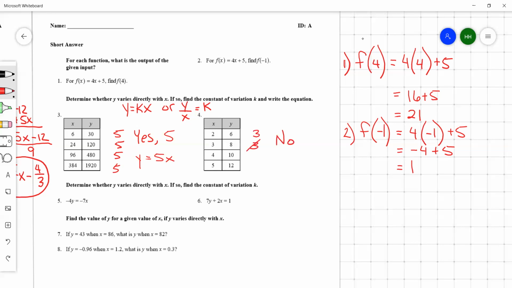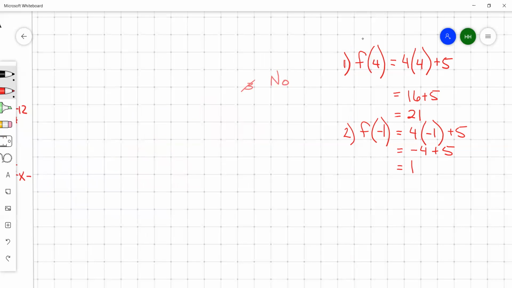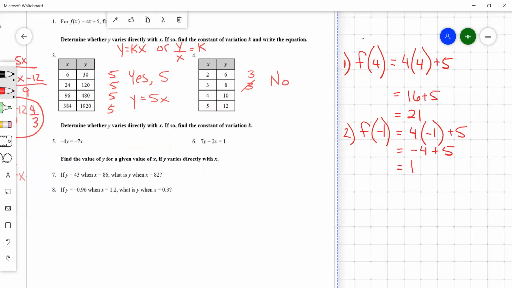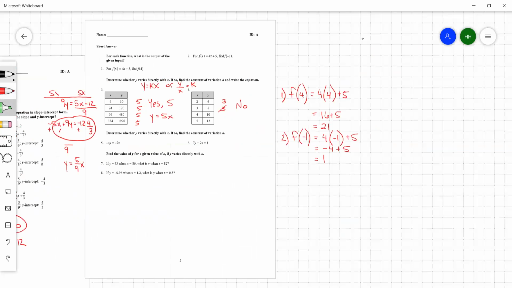And then number 5 over here, they're asking you again to determine whether y varies directly with x. That means, can we write that equation in this form or this form?